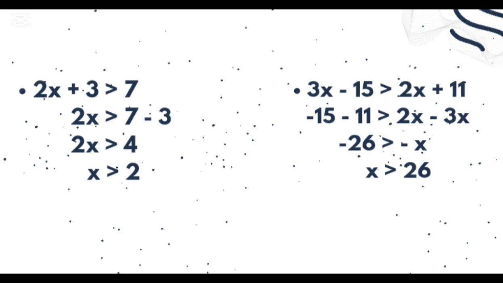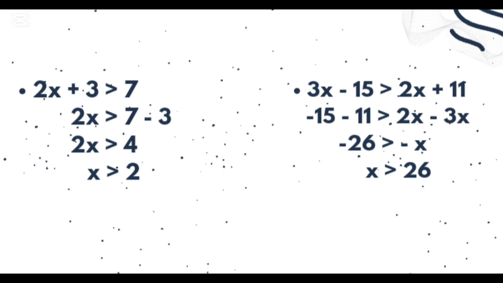We subtract 3 from both sides, becomes 2x more than 7 minus 3. 7 minus 3 is 4, becomes 2x more than 4. 4 over 2 becomes x more than 2. The solution to this inequality will be the set of all values of x for which the inequality x more than 2 is satisfied, that is, all real numbers strictly more than 2.